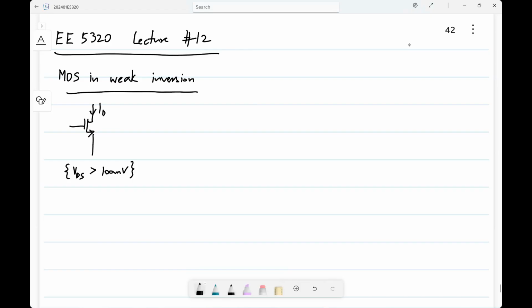You can model the noise by using a small signal noise source as usual, and the spectral density of that noise is 2q ID. And if you want to express it in terms of gm, it is 2 kT times eta times gm. So it is similar to that of a bipolar transistor or a diode.